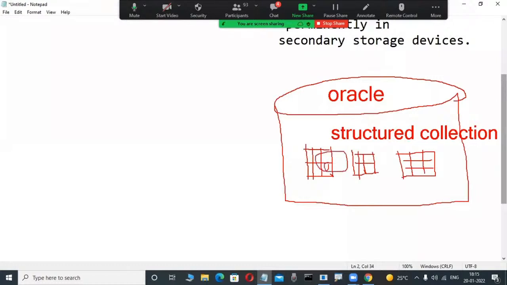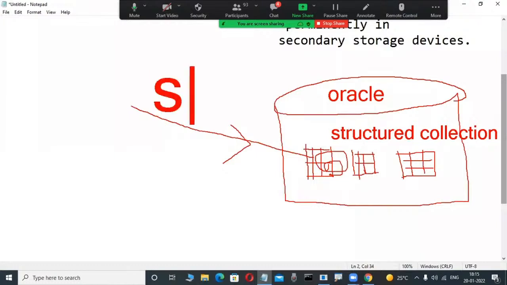Once a structured collection of data is there, to operate on this data we require some language. What is that language? Maybe anybody has an idea? SQL, Structured Query Language. Through this language only, we operate on the structured data in relational databases.